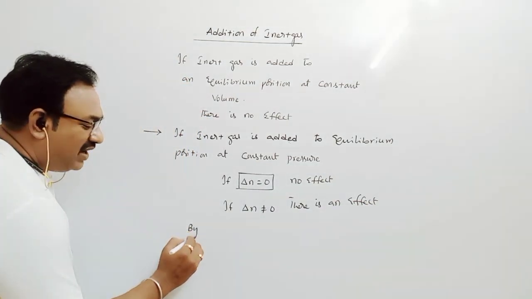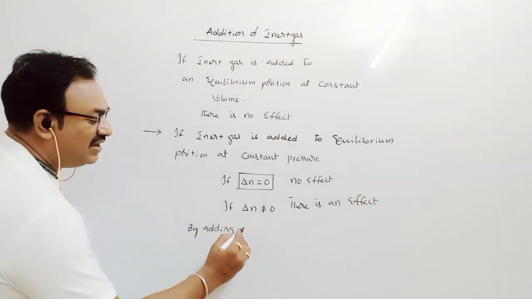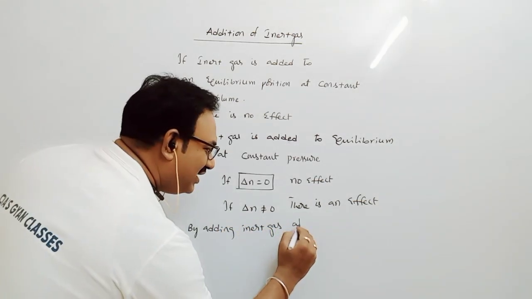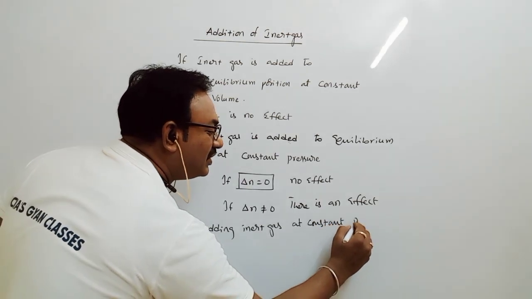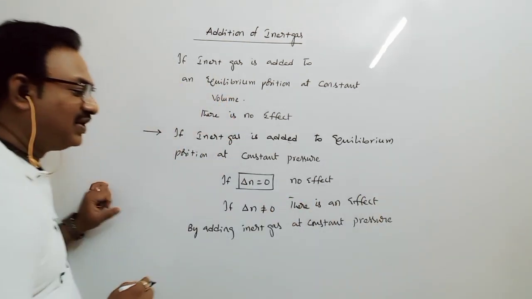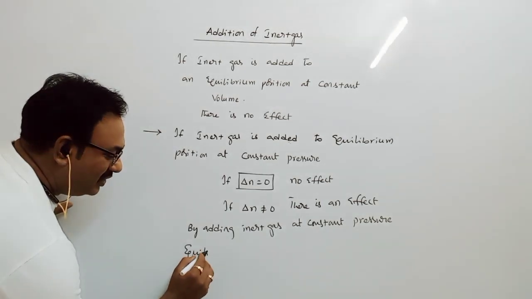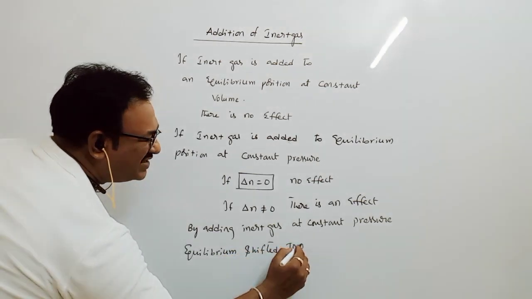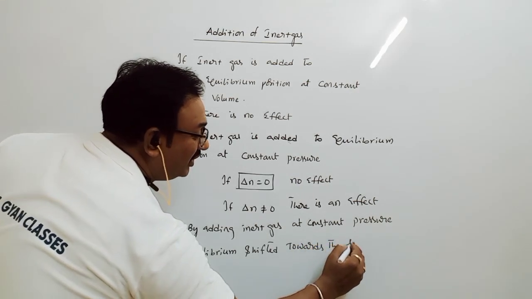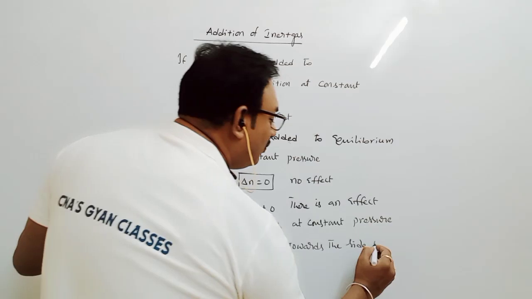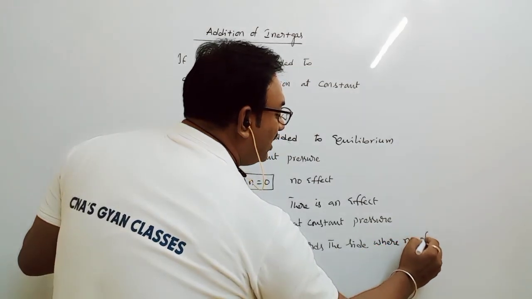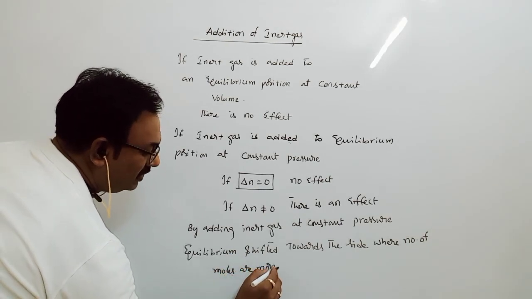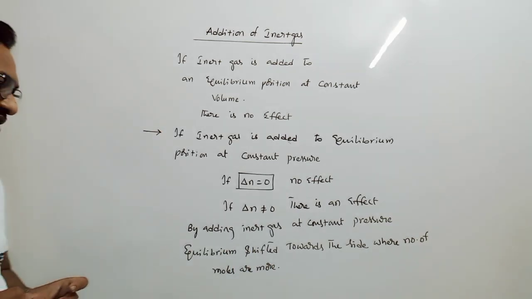By adding inert gas at constant pressure, equilibrium shifts towards the side where the number of moles is more.